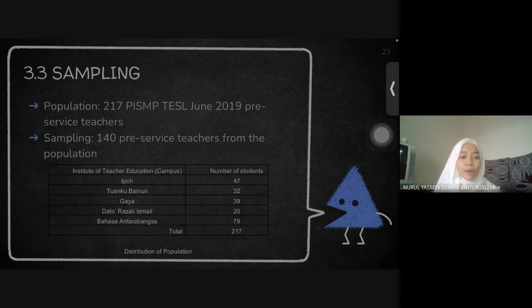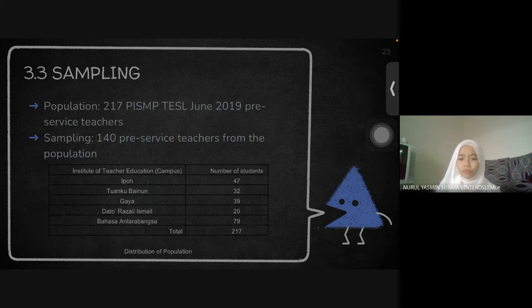So based on my findings, there are only five Institutes of Teacher Education that offer TESL for this intake, which are Institute of Education Ipoh Campus, Tuanku Bainun, Gaya, Datuk Razali Ismail, and Bahasa Antarabangsa, and the total of them is 217. And out of 217, only 140 pre-service teachers will be taken from the population.